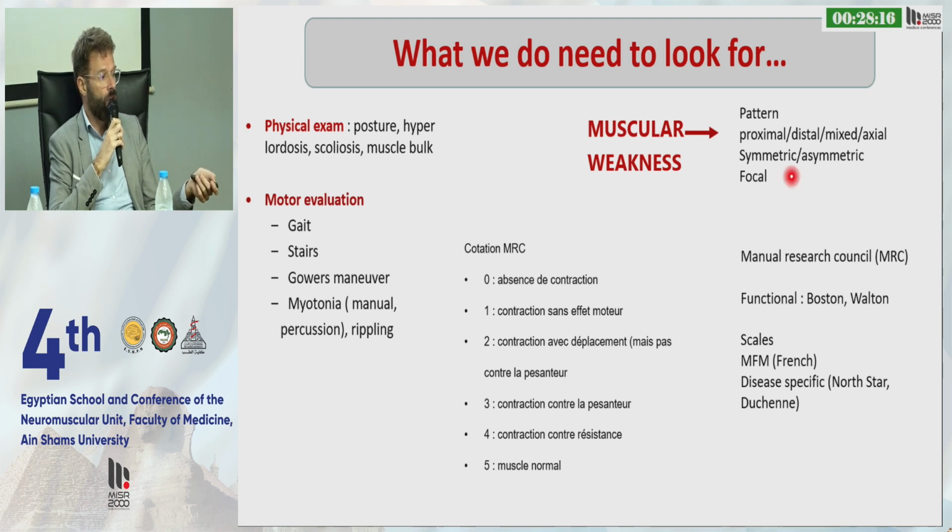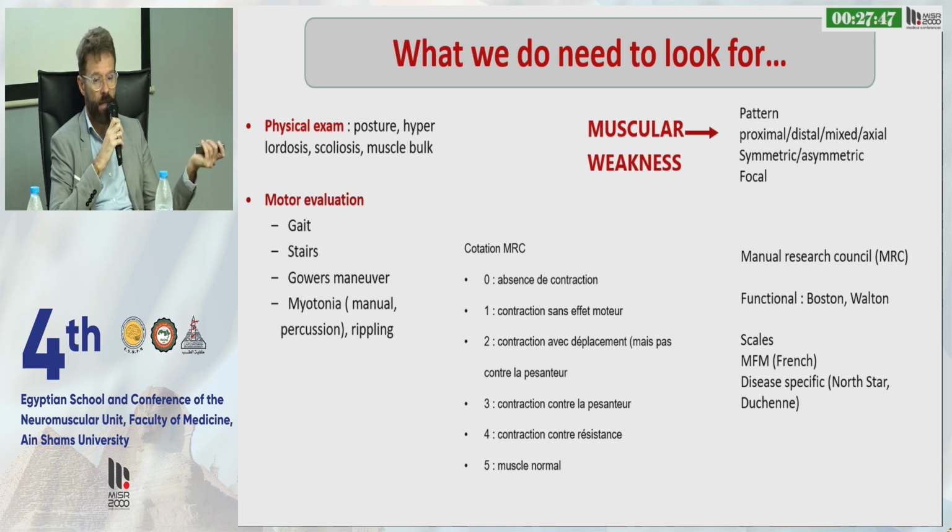There are also other scales that are used in specific cases, mainly during clinical trials or when we want to follow up a patient exactly. In France, we use very much the Motor Function Measure, the MFM. We have some disease-specific scales, for example the North Star for Duchenne.